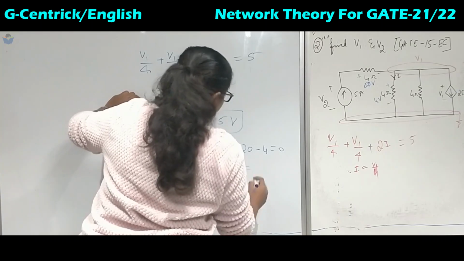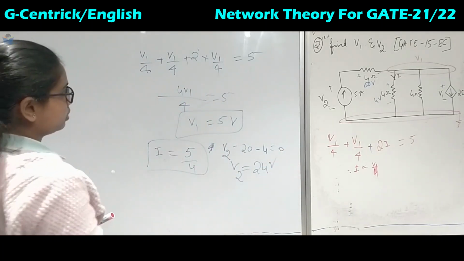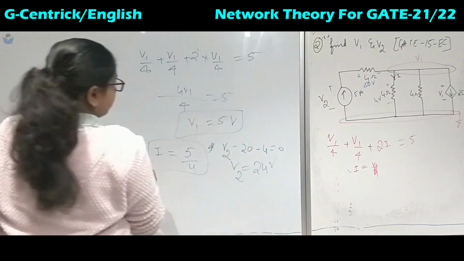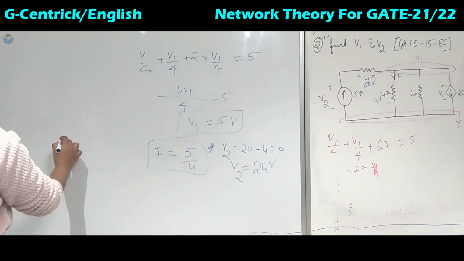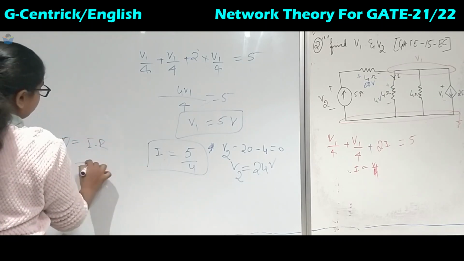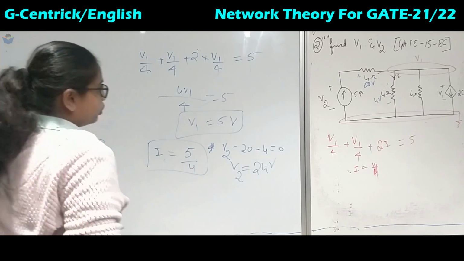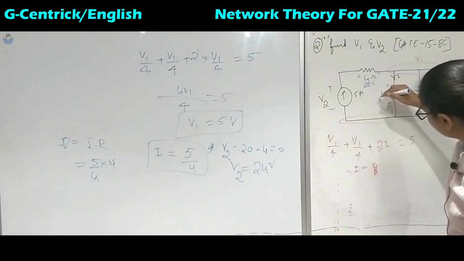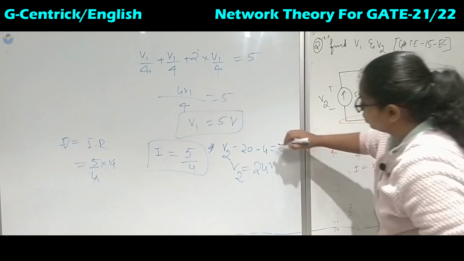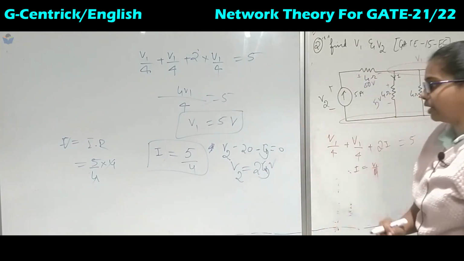So V2 is equal to 24 volts. What will be the voltage drop across that? V is equal to I into R, so 5 into 4. Here it is 5 volts. Then this will become 25 volts.